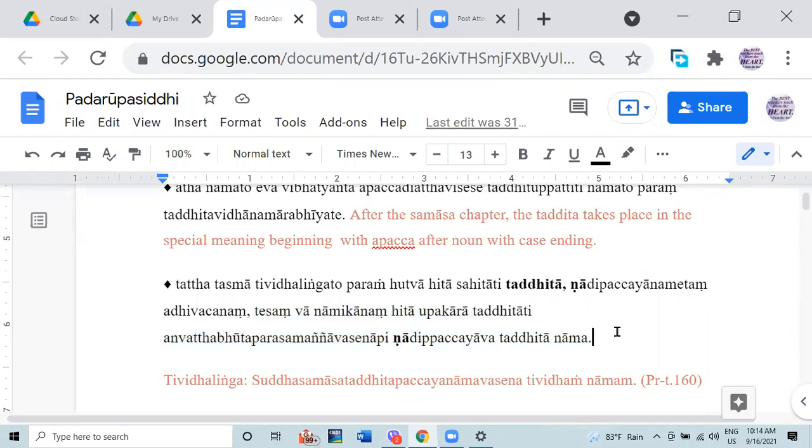If so, we have two definitions. The first definition is the idea of Padarūpasiddhi. So that means this definition, Tasma Hida, is by means of Sakastamanya Vasena, you can say. So this pi refers to Sakastamanya Vasena.